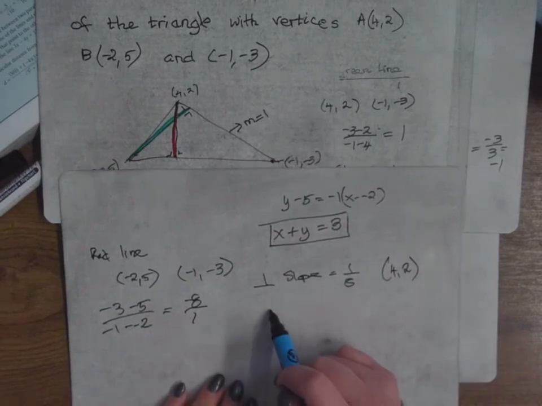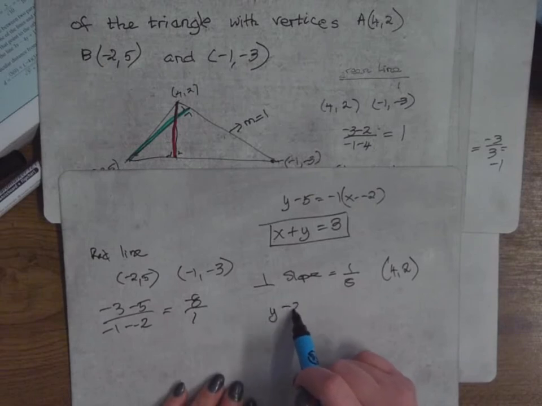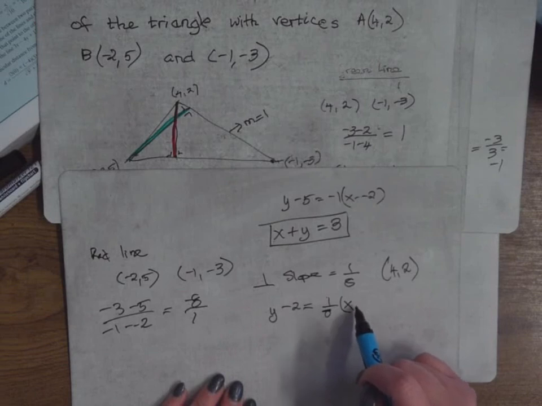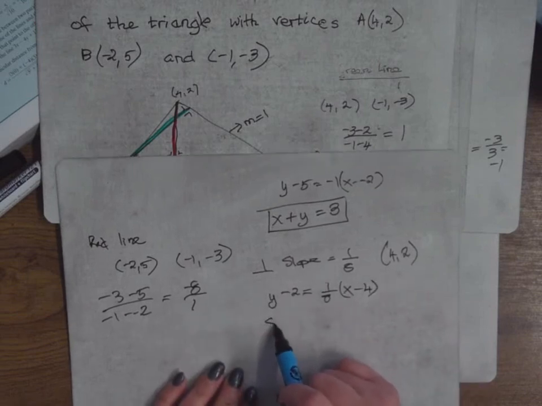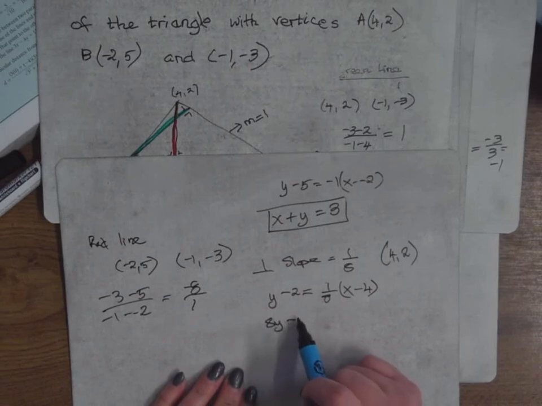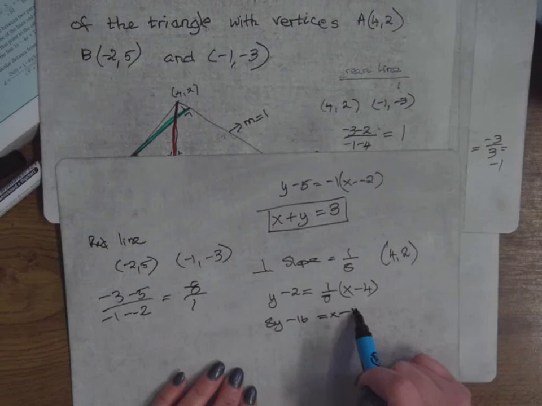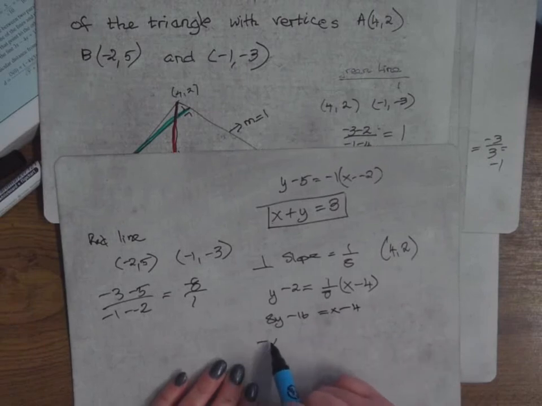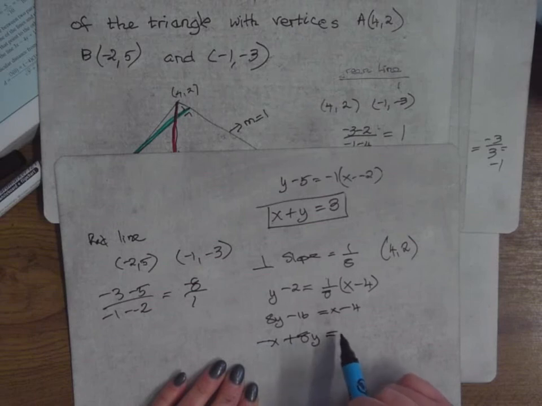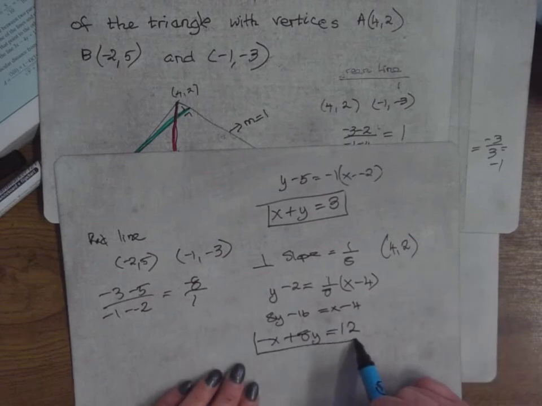Then I get the equation, so it's y minus y1 equals m into x minus x1. Multiplying up by the 8, I'll get 8y minus 16 equals x minus 4. Rearranging that, I have minus x plus 8y equals 12. There's my second equation.